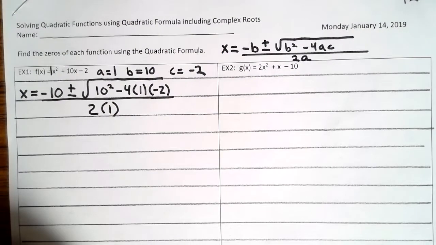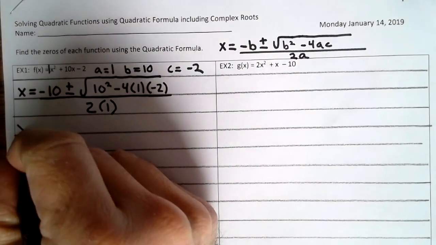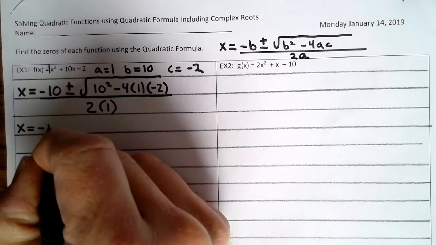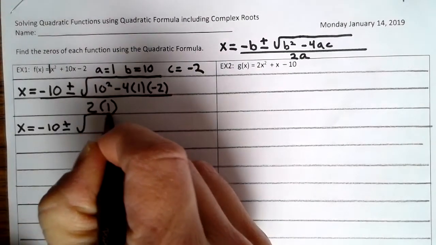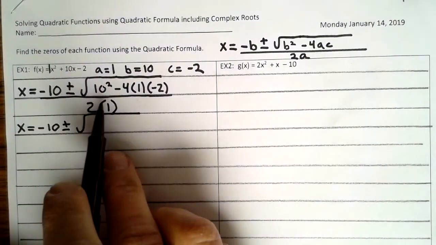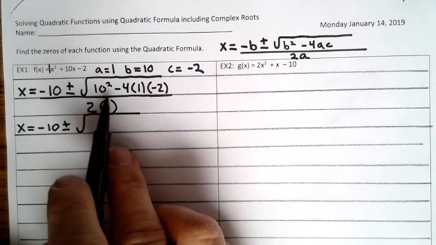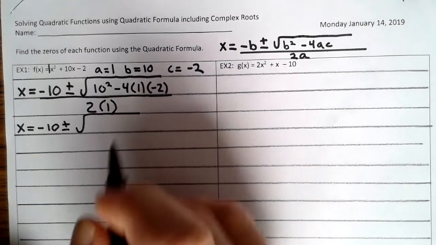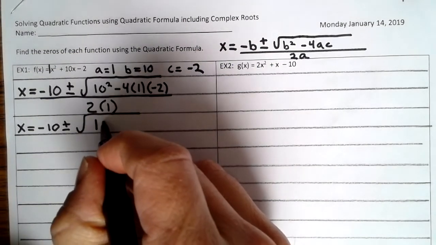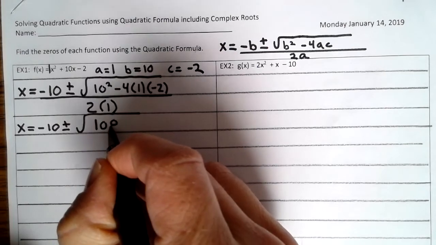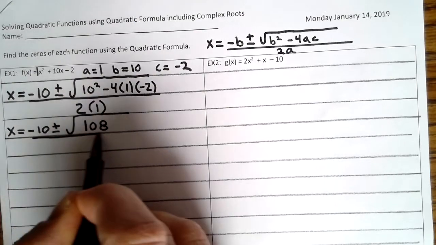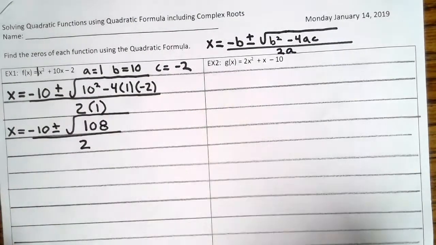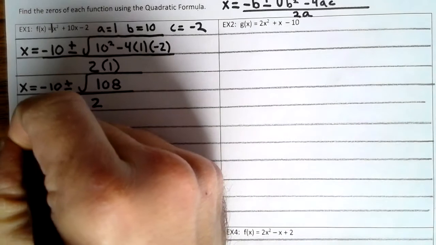So we start to simplify. x equals -10 plus or minus the square root of 10 squared is 100 plus 4 times 2 is 8, which is 108, over 2 times 1 is 2.